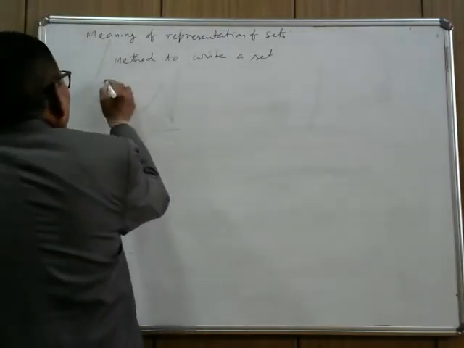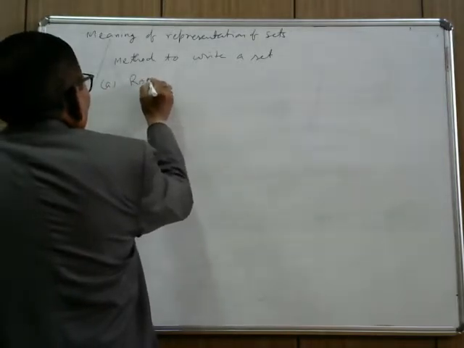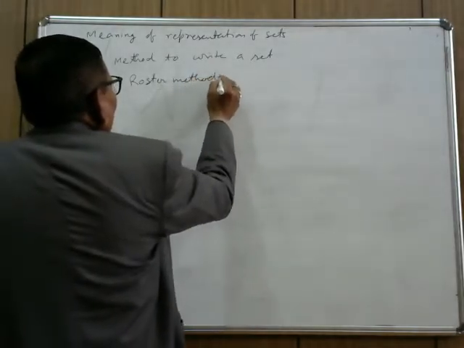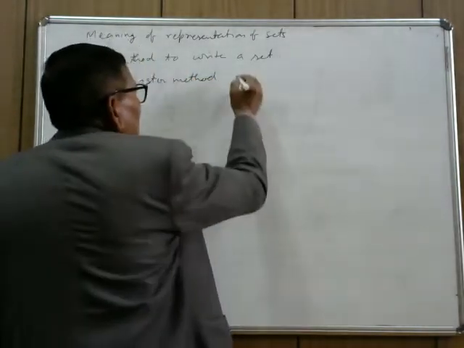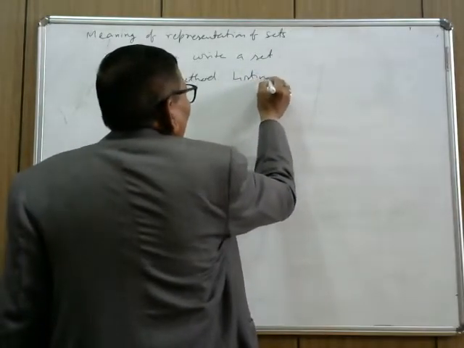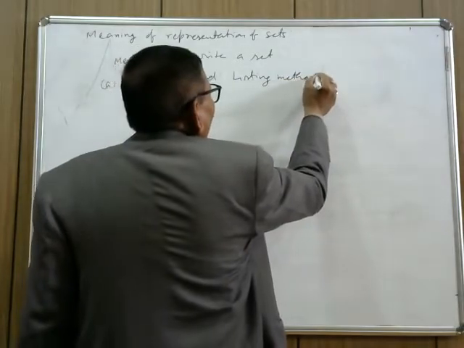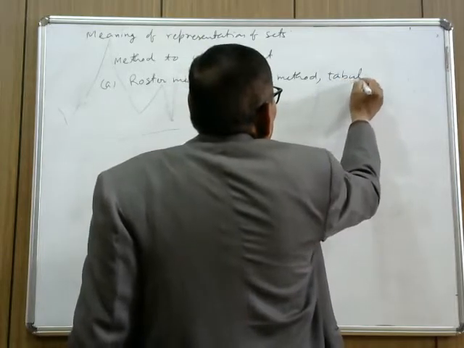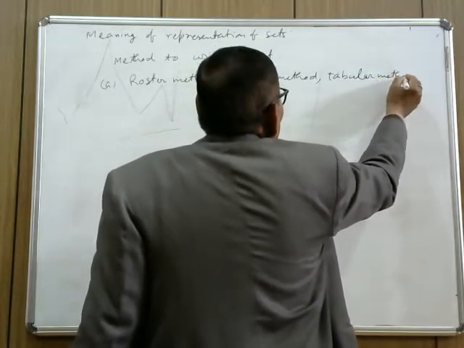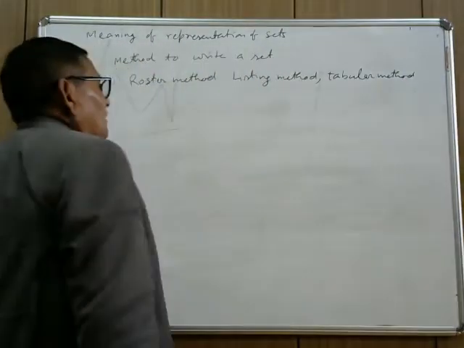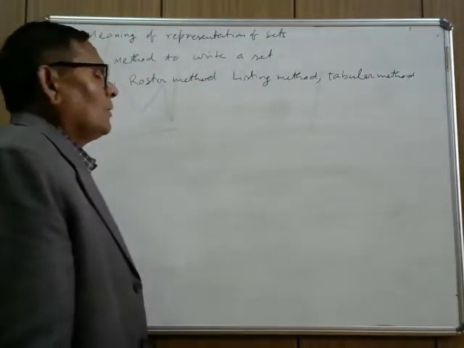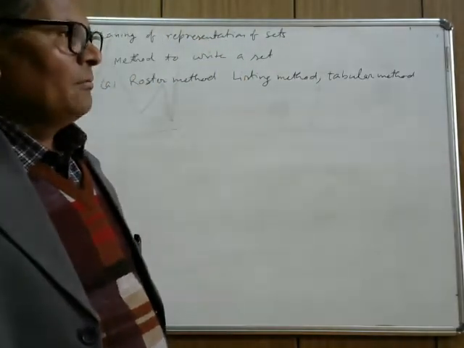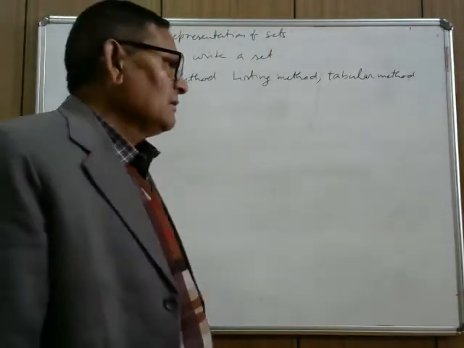First method, the roster method. This method is also known as the listing method or tabular method. In this method, we write the elements of the set in a row, separating the elements with a comma.